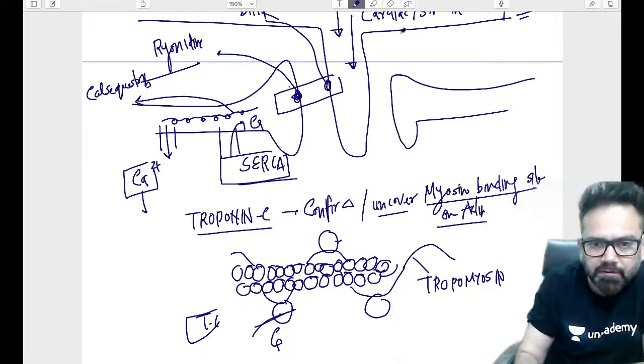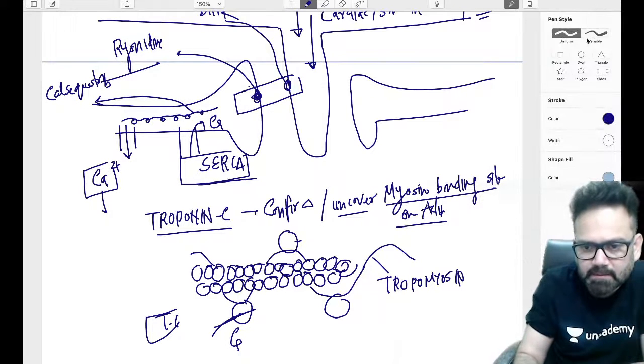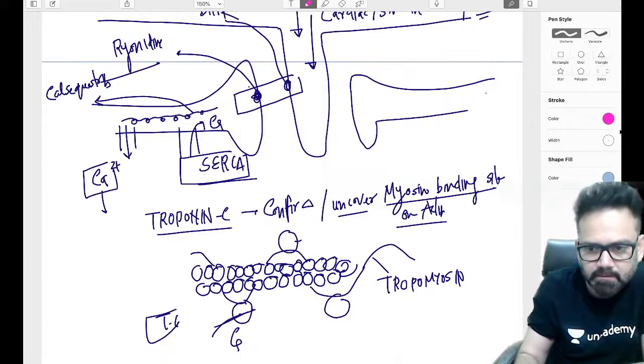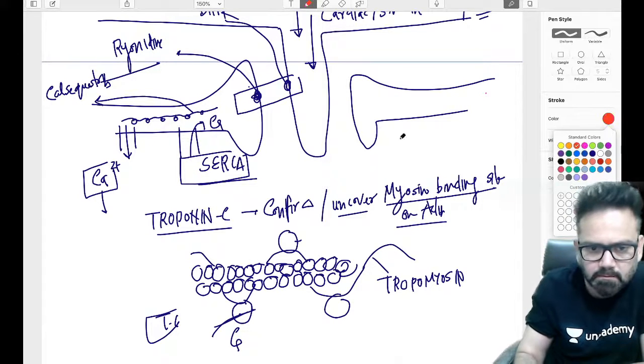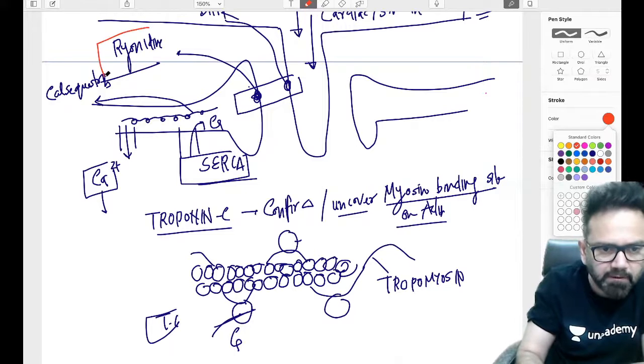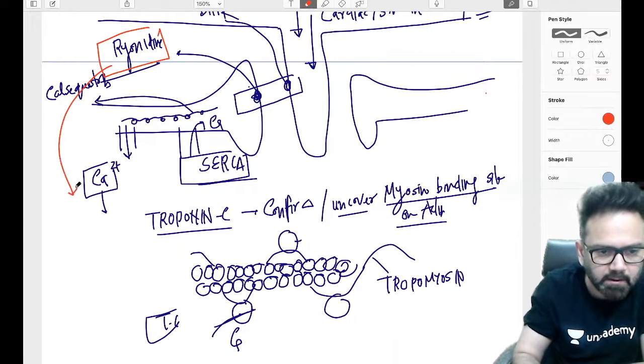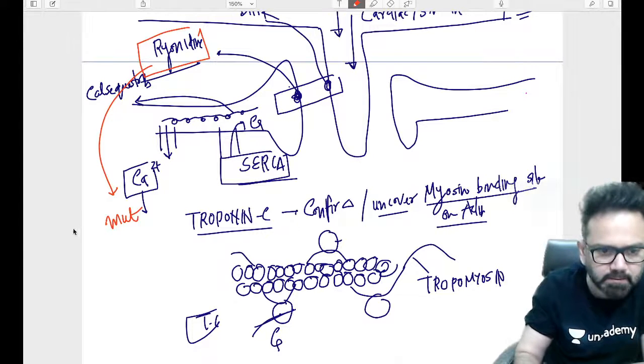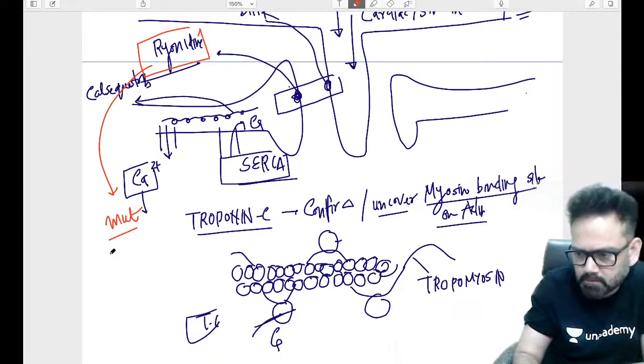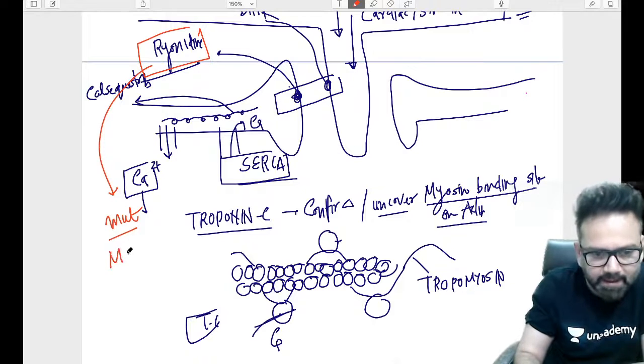If there is a mutation of the ryanodine receptor, what is that called? That is called malignant hyperthermia. Yes.